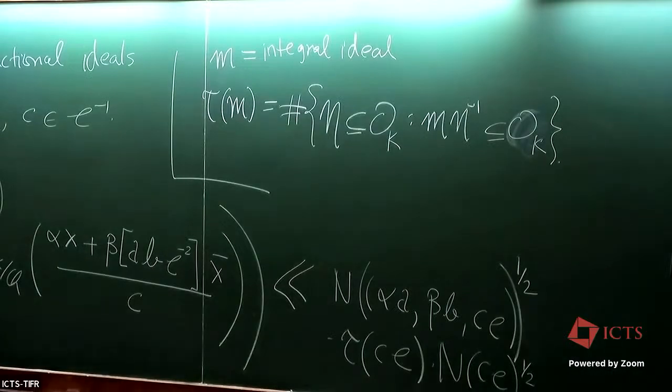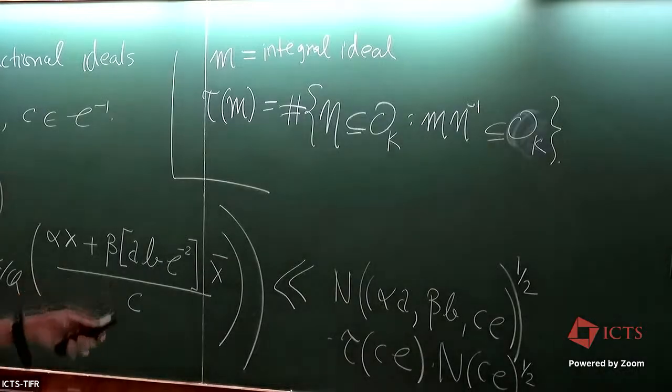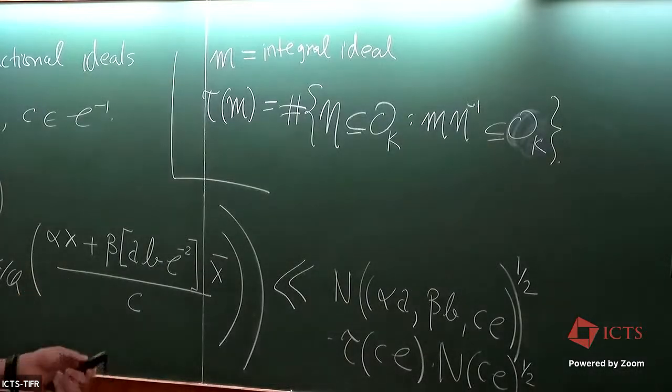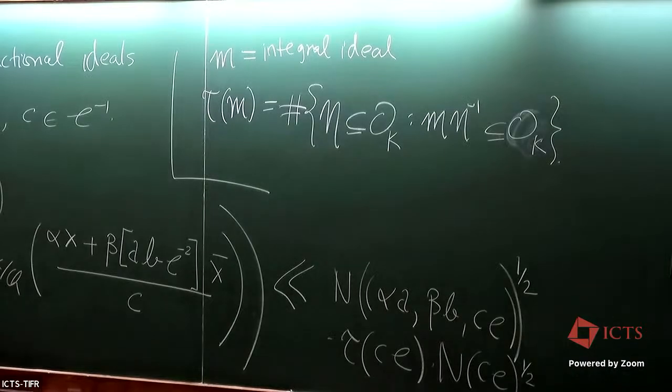So you do have a Kloosterman sum that does satisfy the Weil bound that you have over here, and you can work with all of this. Okay, and so this is the kind of off-diagonal terms that you would see if you apply the Petersson trace formula.